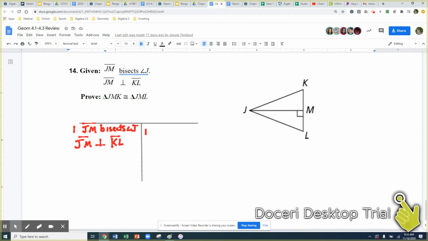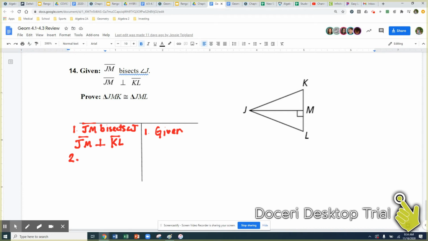So there's going to be our given information. The order your steps go doesn't technically matter. When we do our reasons on the fill in the blank proof, it'll matter which reason you put with each step. But for the second one, I always like to just do the one we can tell without marking.